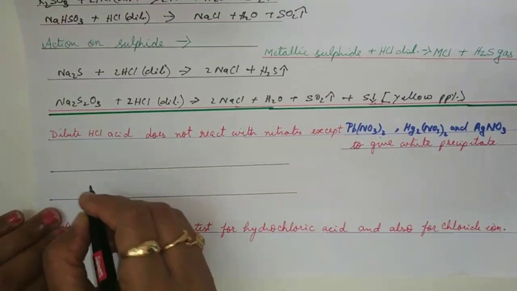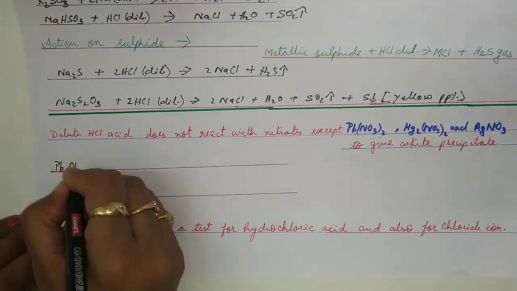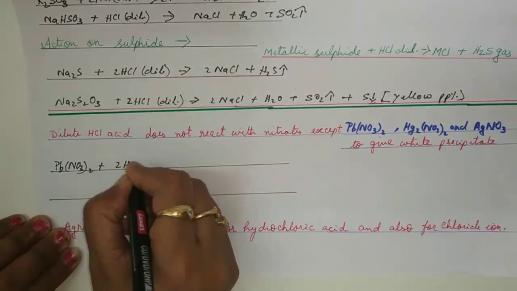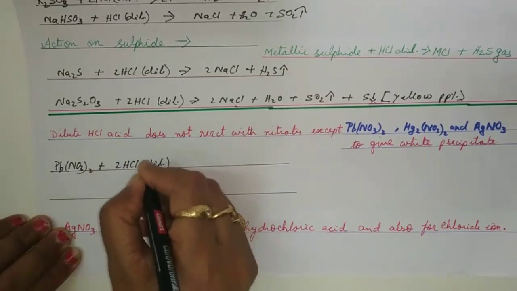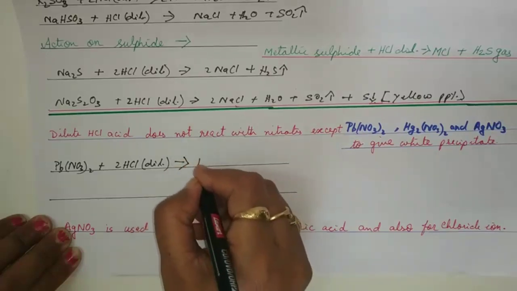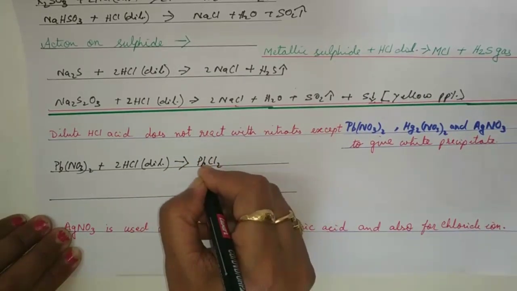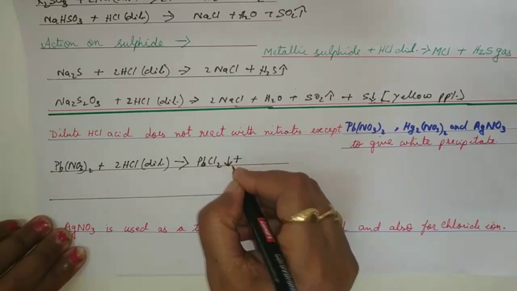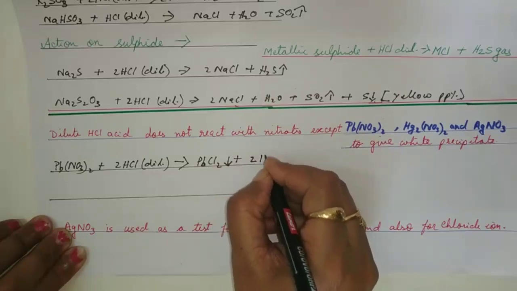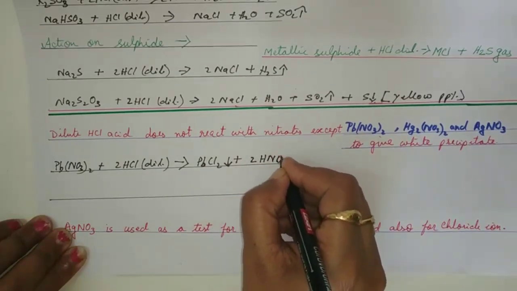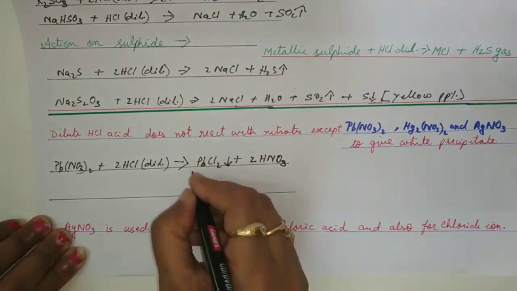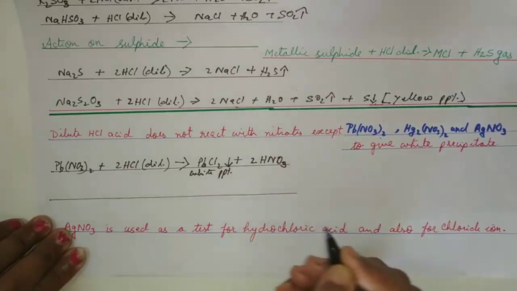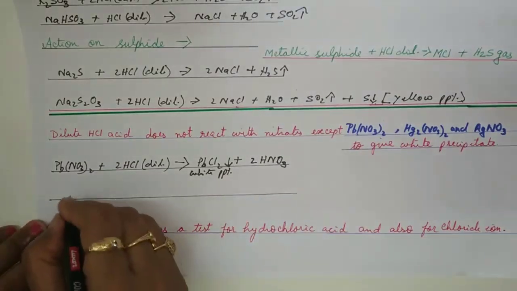So the first one, let it be lead nitrate plus dilute HCl will give you lead chloride salt, which is a precipitate, and HNO3 nitric acid, and this is a white precipitate.